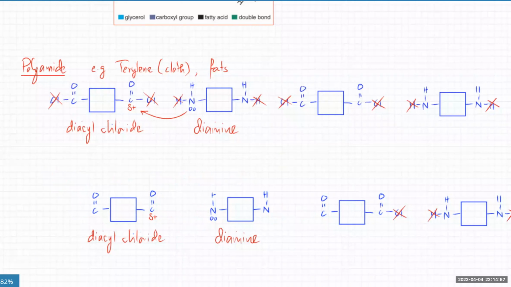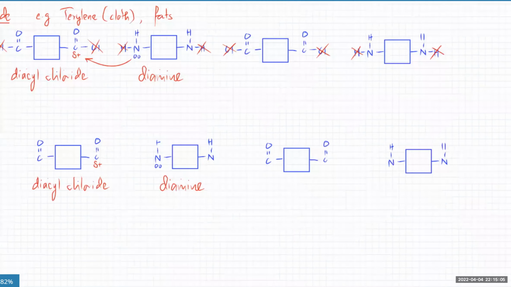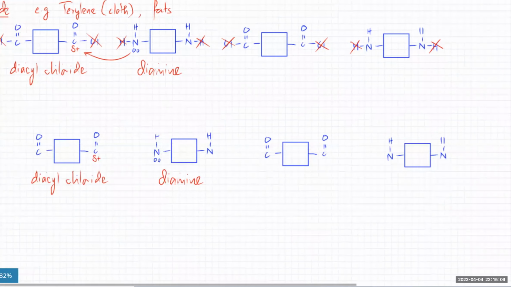The H and Cl in the middle are gone. The Cl and H over here, and so on. They're all gone. So you're going to put them together and link them up. That is what is going to happen.